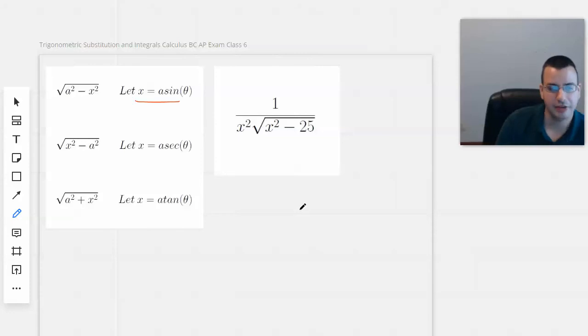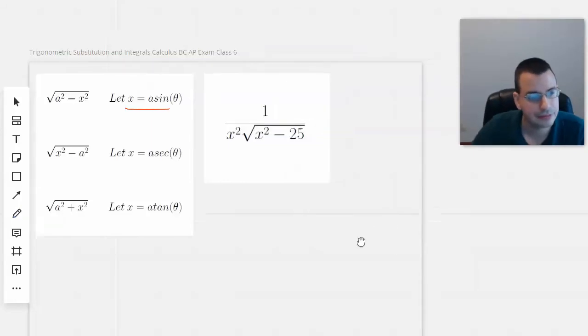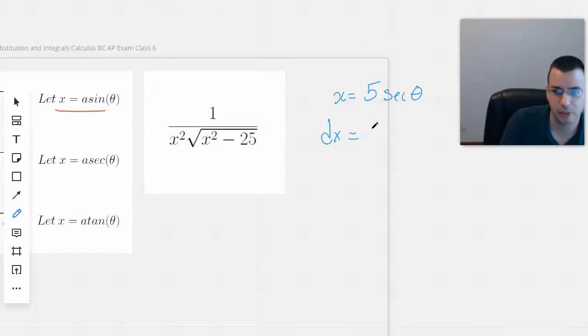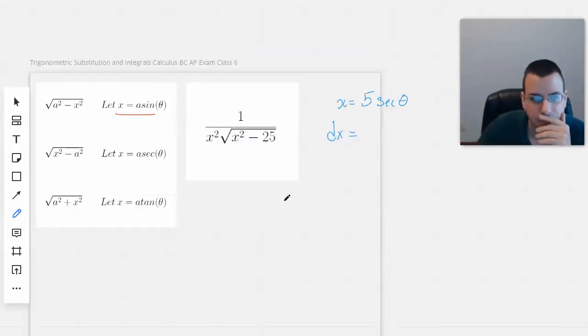So, we have the minus on the not x term, so we're going to use secant. So we're going to start by saying x equals, and it looks like 5 secant of theta. dx equals, do I know the derivative of secant of theta?